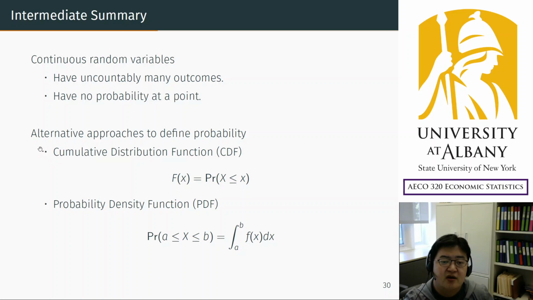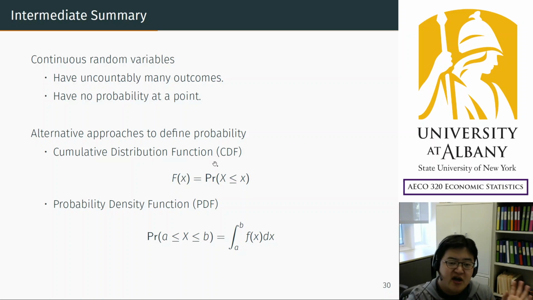One is the cumulative distribution function approach, the CDF. It is defined as the probability of being smaller than something, but you can calculate the probability of being greater than something, or between two points, using this information.